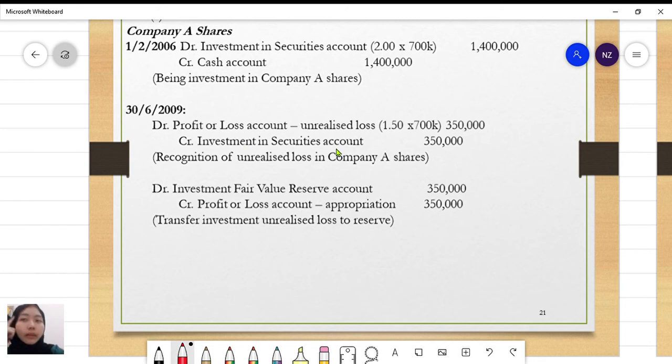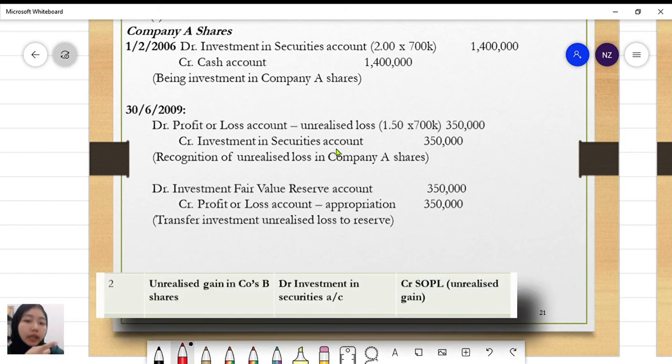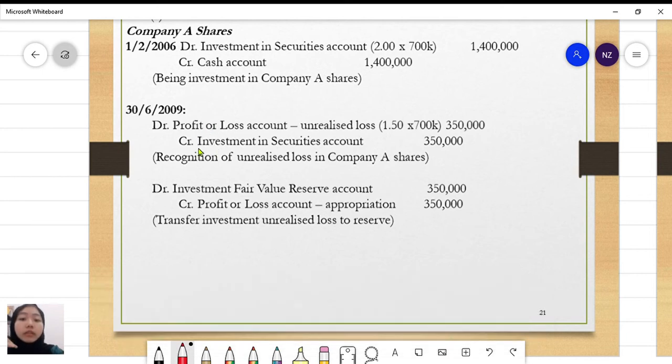If you recall the journal entries earlier, if we get a gain we debit here, but if we get a loss, we just reduce our investment account. So 350, and we debit it in our statement of profit or loss or statement of comprehensive income as the unrealized loss. As I said, if you don't want to put unrealized loss, putting profit and loss account is also fine. So it depends on the question.